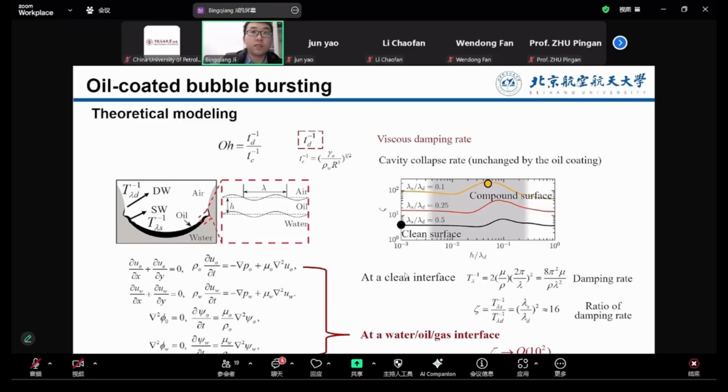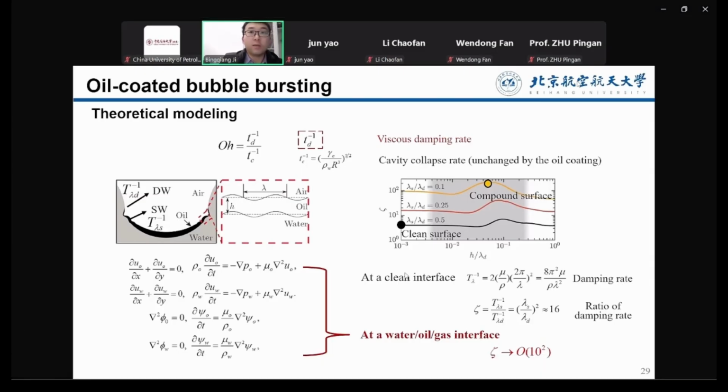But at a compound interface, this ratio of damping rates changes with oil layer thickness, you can see here. And the wavelength of the precursor wave also decreases when it enters the oil phase, because the oil has a smaller substantiation to keep the wave velocity.